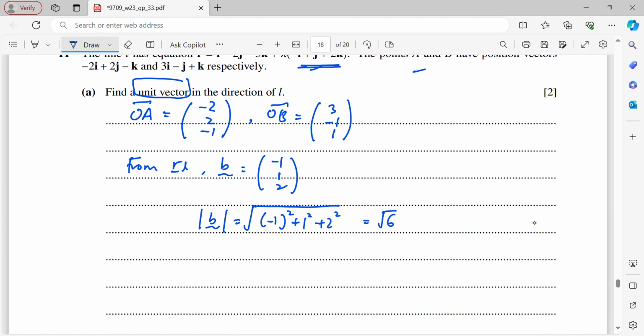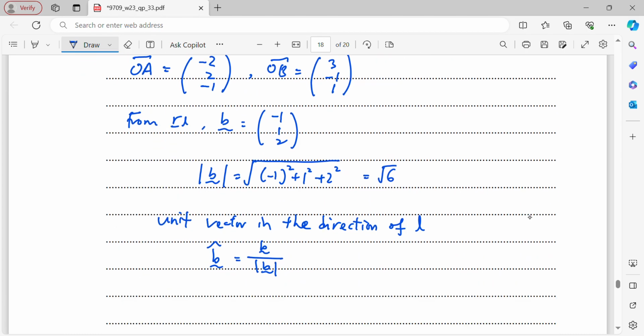Then now the unit vector in the direction of L is basically b hat, which is 1 over the modulus of b times b, b divided by its magnitude.